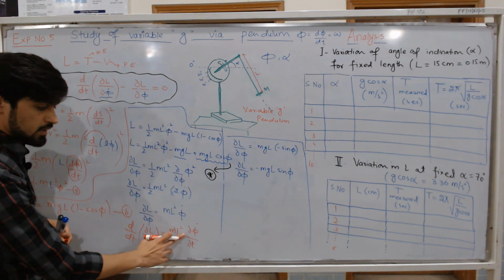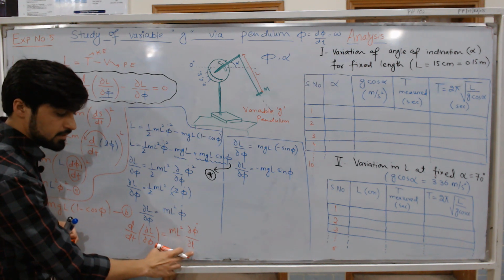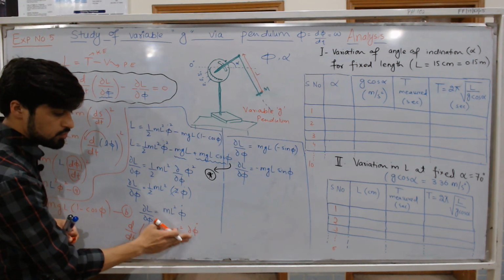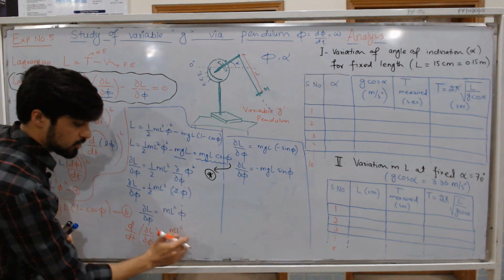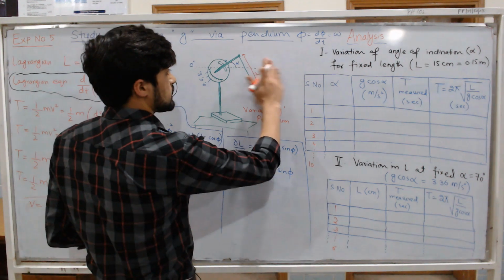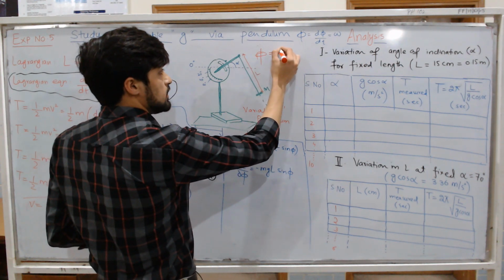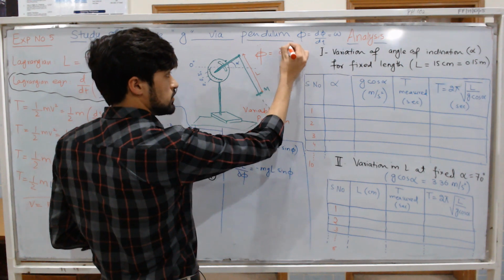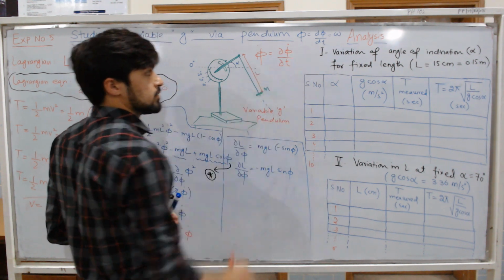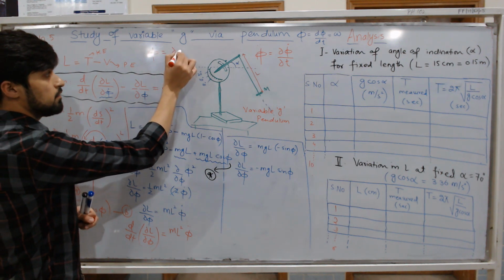So if here we are having one dot, instead of writing del phi dot by del t, I will be using double dots now. So clearly phi double dot means del phi dot over del t. Phi single dot means del phi over del t.